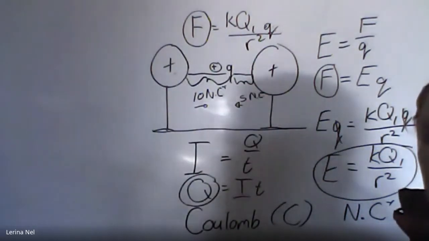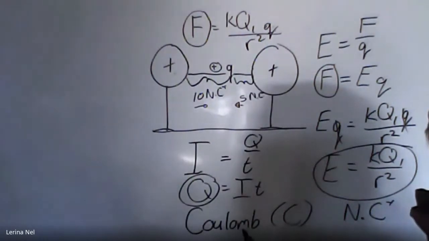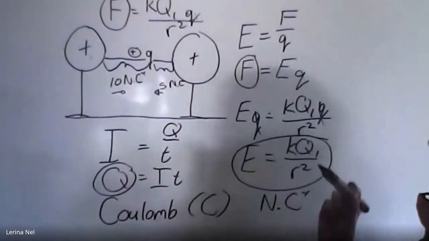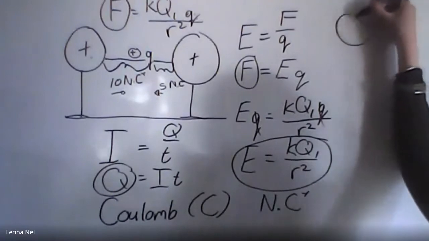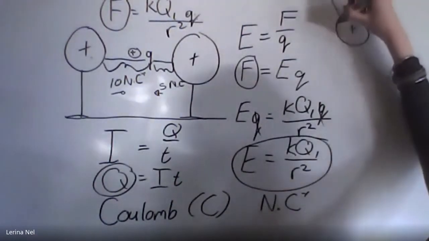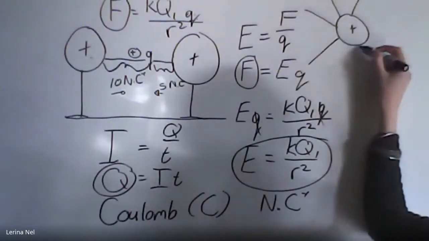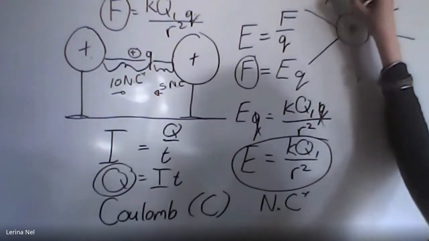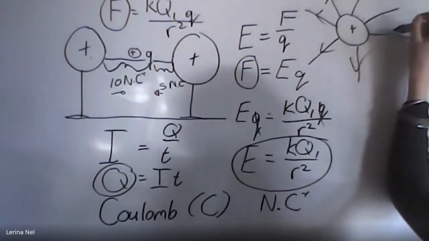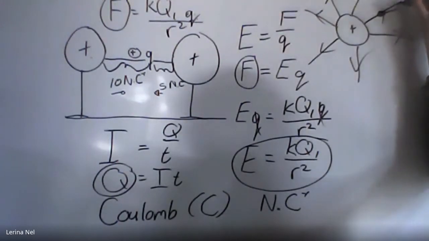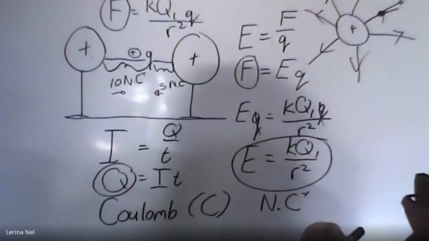10 minus 5, my net field will be 5 Newton per coulomb to the right. That makes it. Okay, so electric field lines are very similar to, what are they called? Magnetic field lines. So electric field lines, if you have a positive charge like this one, the electric field lines will always point away from this charge at a 90-degree angle with the surface. This means that if I place a point charge Q over there, it will move away. That's what these field lines actually indicate.